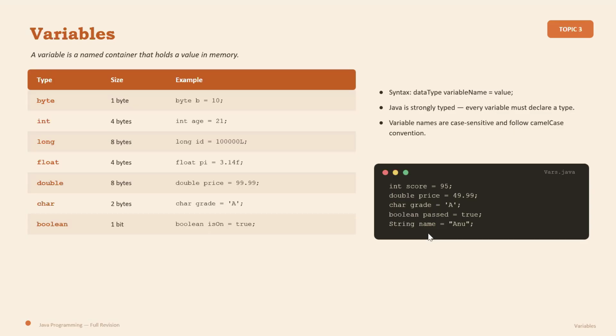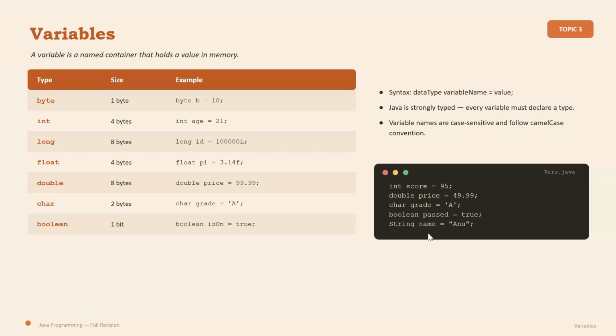Okay, so Java is a strongly typed language. That is, in Java, before creating a variable, we must specify the type of data it will store. That is why Java is called a strongly typed language.